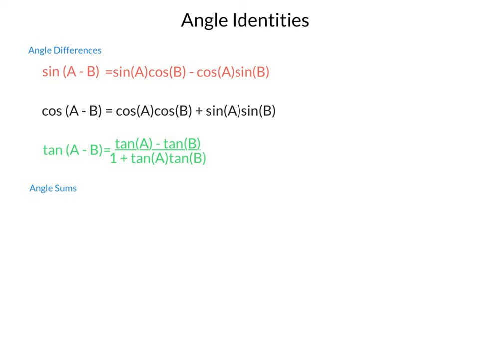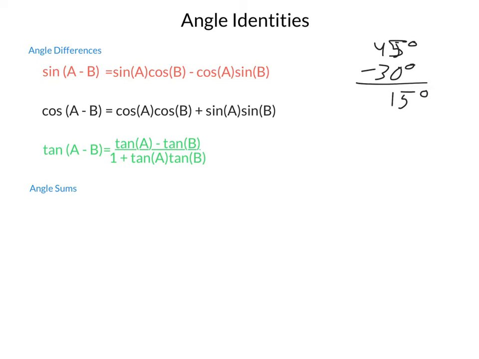So if we know our unit circle well and we're able to move in certain values that we are aware of, we can apply these differences to arrive at some others. For instance, if I needed to know something specific about, let's say, 15 degrees, well, I can simply say that that is 45 degrees minus 30 degrees.